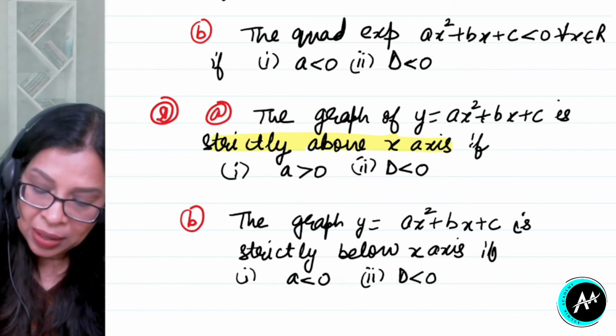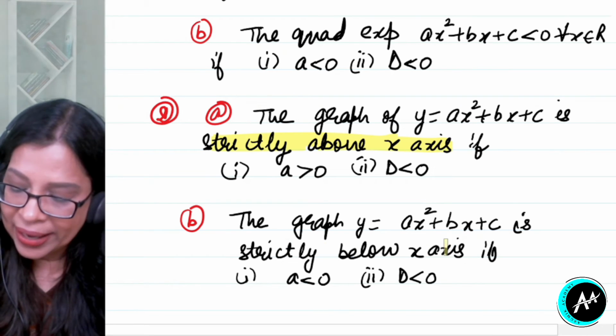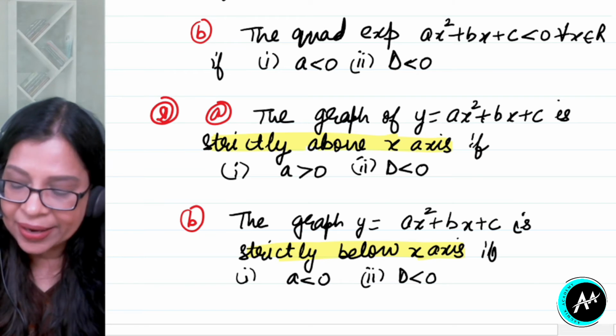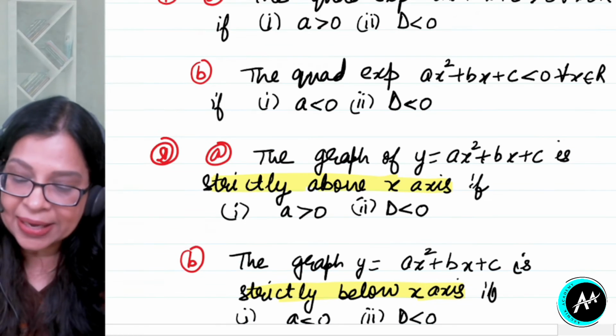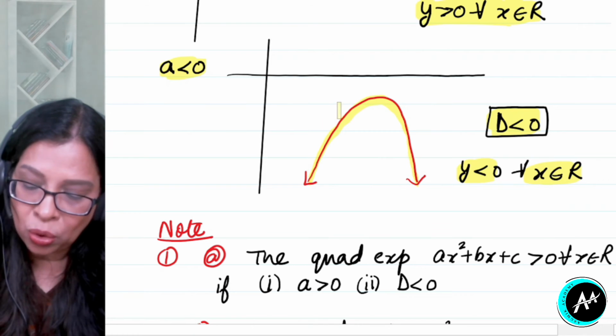So what are we saying? That the graph of this function is strictly below x-axis if a is negative and d is negative. Let's see here. See, this is the case when graph is strictly below x-axis.